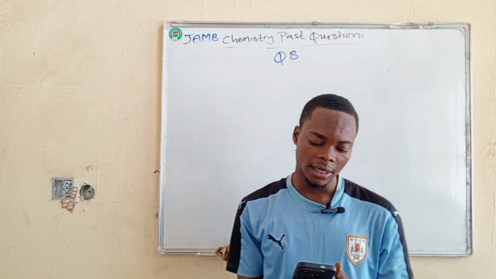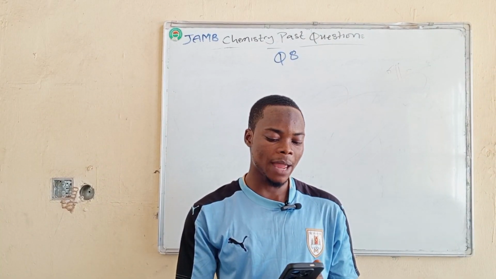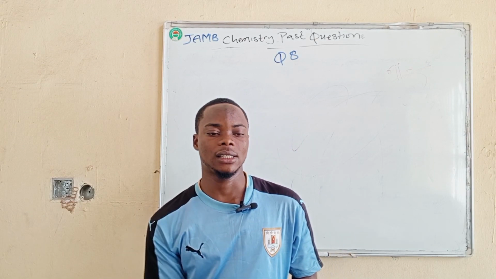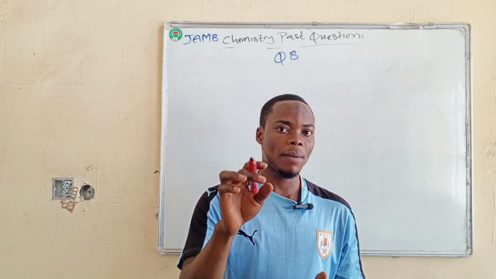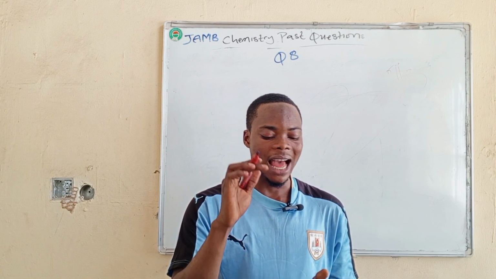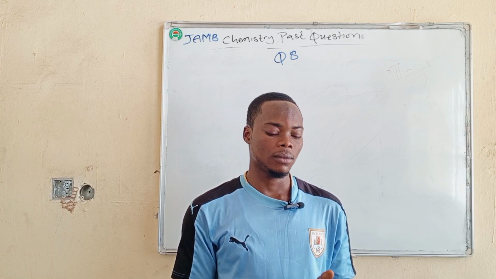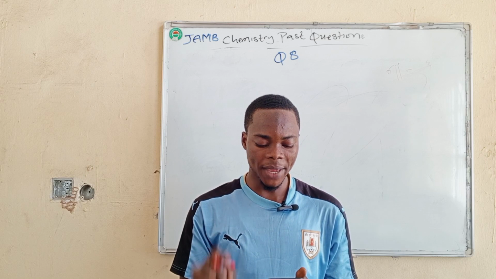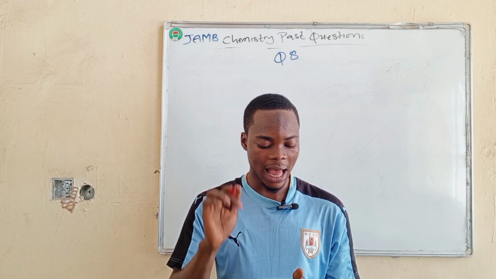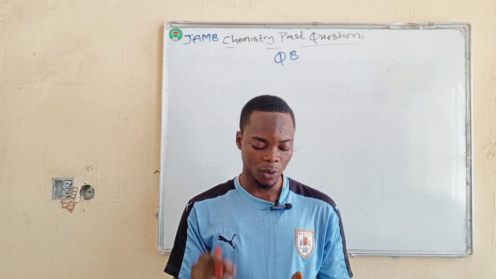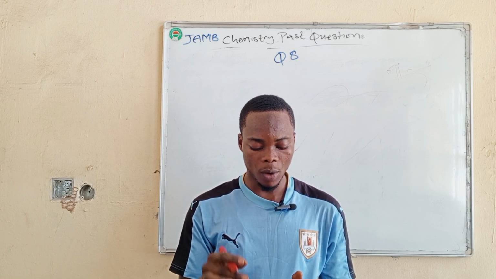Number 8. Nigerian crude oil is described as a light crude because of its properties. There's a property that Nigerian crude oil has which makes it be described as a light crude. Option A is low sulfur content, B high natural gas content, C high octane number, D low aliphatic hydrocarbon content.